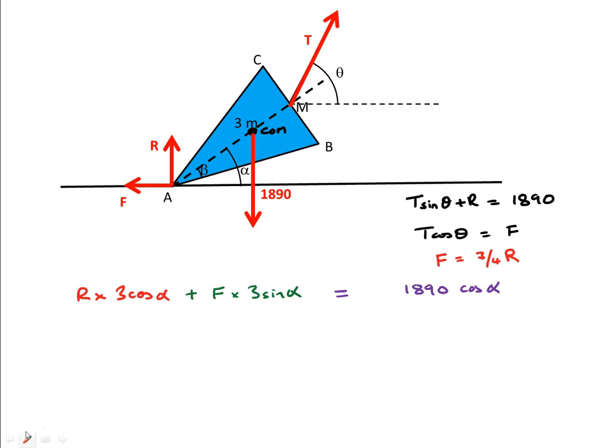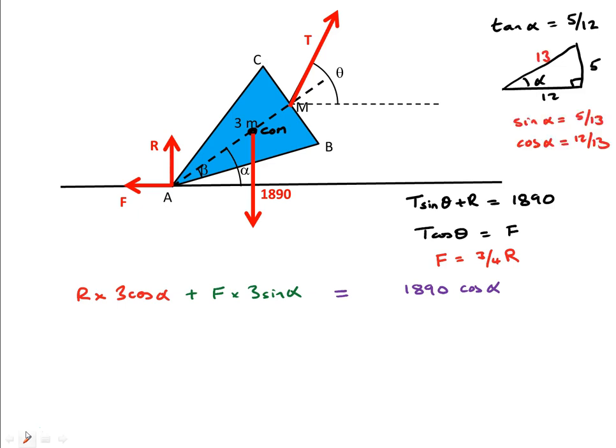So there are the 4 equations that we've set up. We've got the fact that tan alpha is 5/12. If tan alpha is 5/12, then the hypotenuse of that triangle is of length 13. So sine alpha is 5/13 and cos alpha is 12/13.